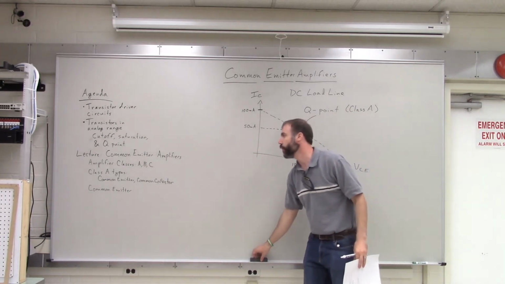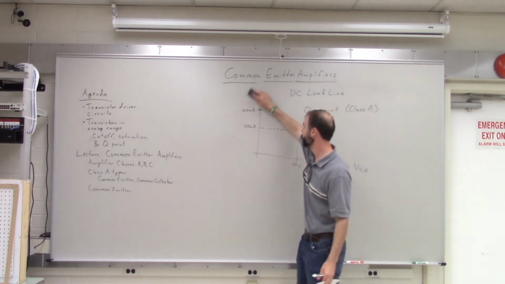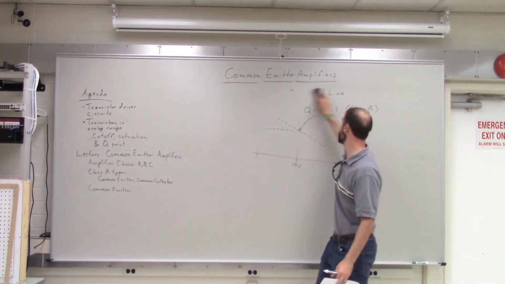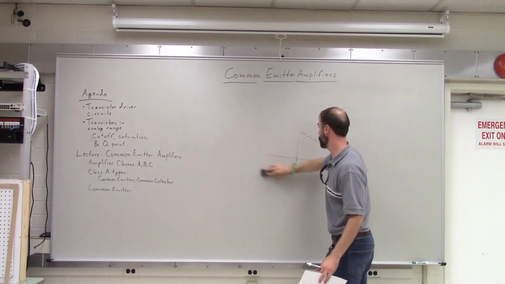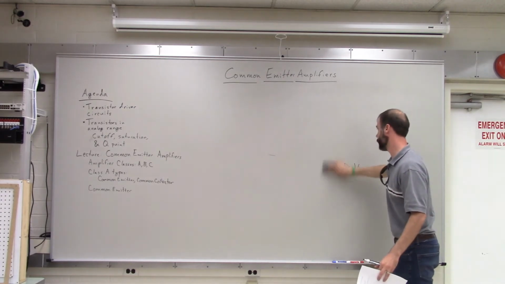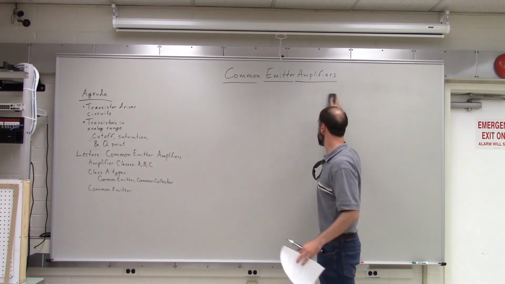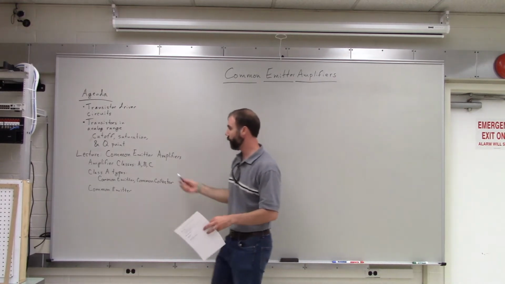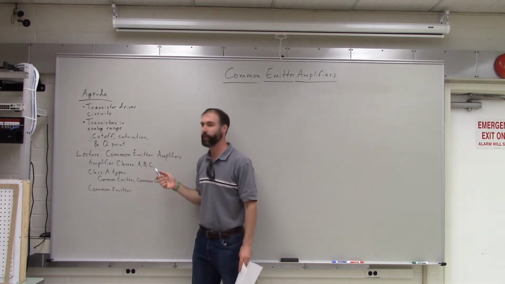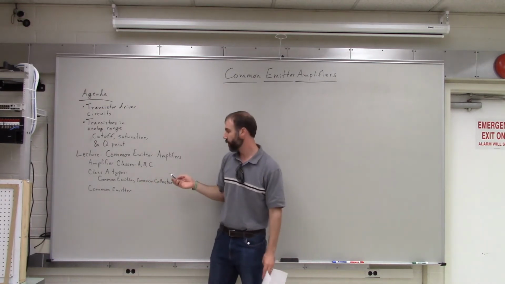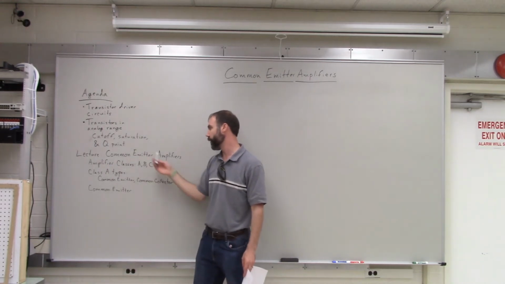Let's talk a little bit more about amplifiers. So I want to give you a brief introduction to the various classes of amplifiers, and then talk a little bit about Class A amplifiers before we get into the common emitter.